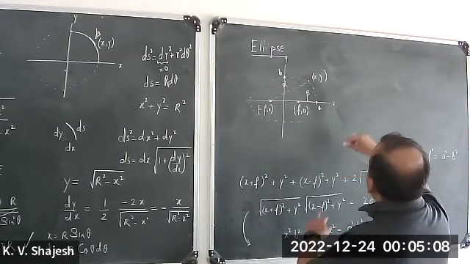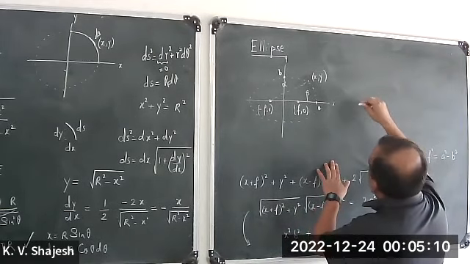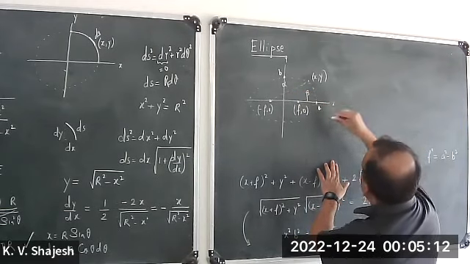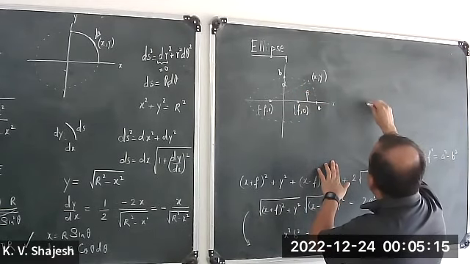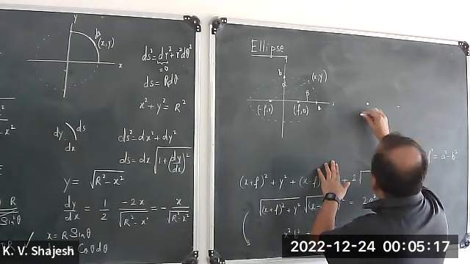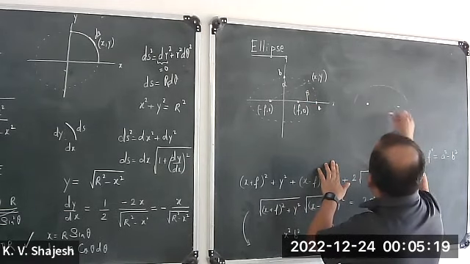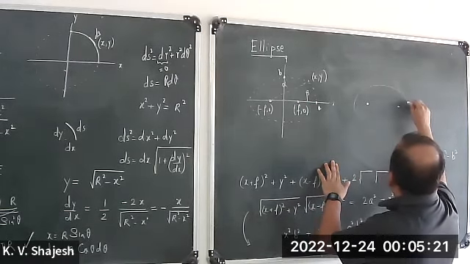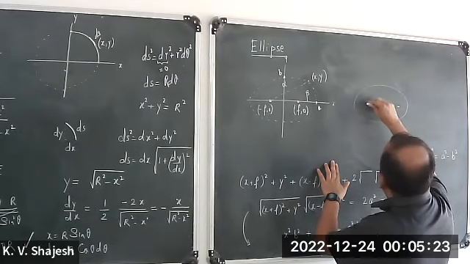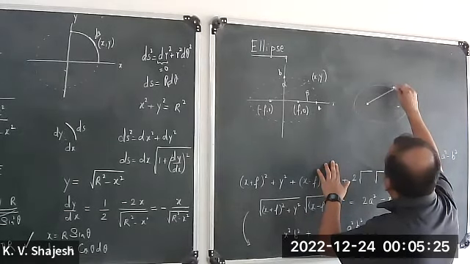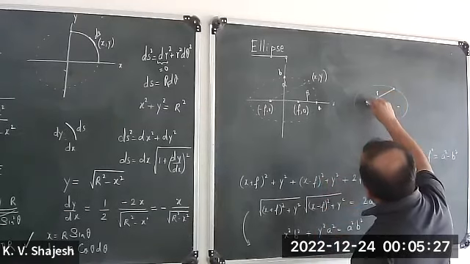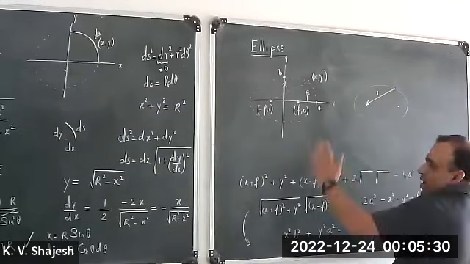If I were to now, instead of choosing this as my origin, choose one of the foci as my origin, so that's my R. So this is my origin. Notice I'm moving my origin.